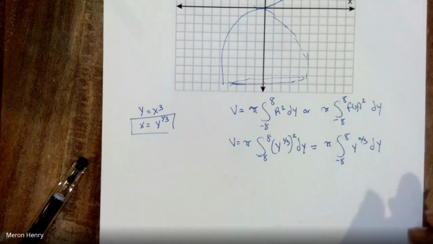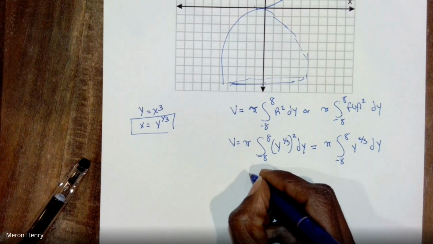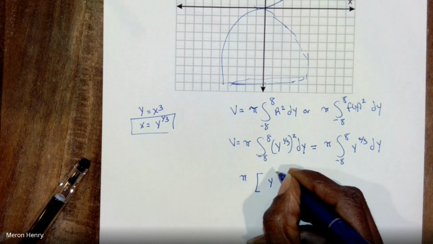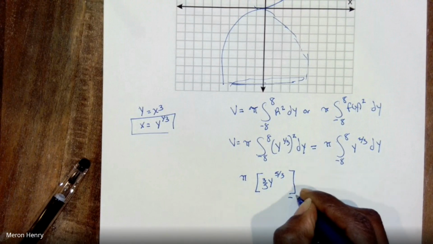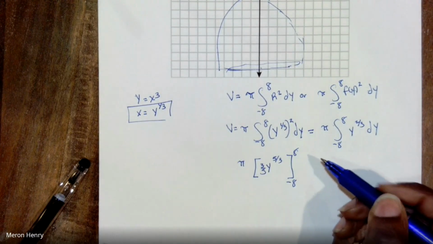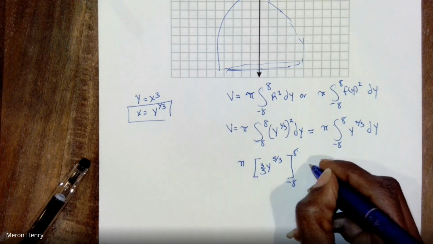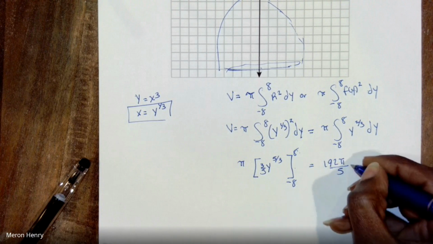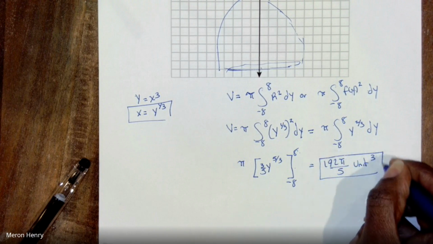When we integrate that, we're going to have pi times y to the 5/3 times 3/5 from -8 to 8. Now you can make this a little bit simpler for yourself and go from 0 to 8 and double this integral. But this will end up being 192 pi over 5 units cubed. Okay.